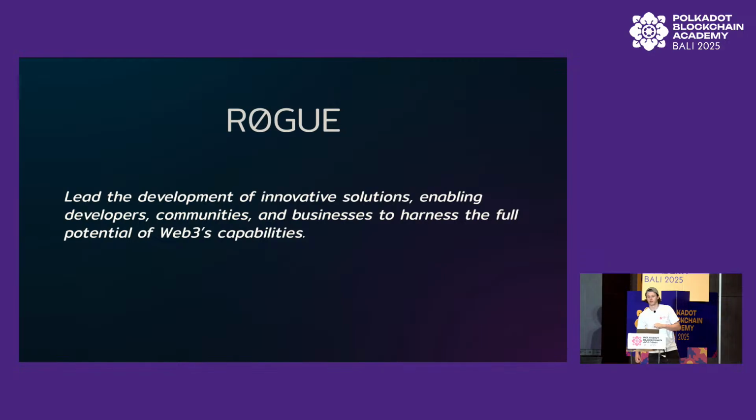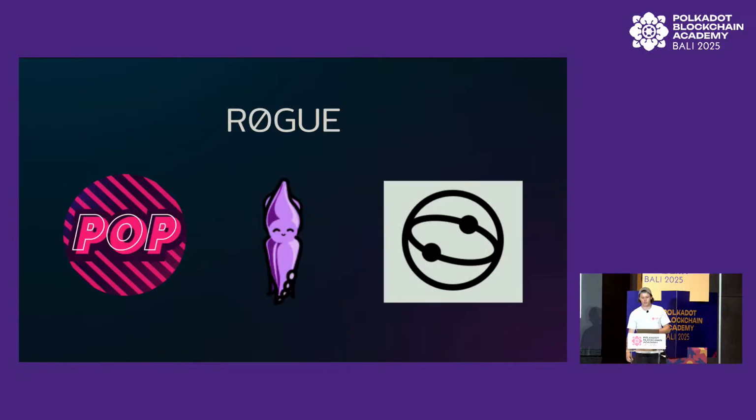The mission of Rogue is to lead the development of innovative solutions, enabling developers, communities, and businesses to harness the full potential of Web3. Our main projects at the moment are the POP CLI, an all-in-one tool for Polkadot development.